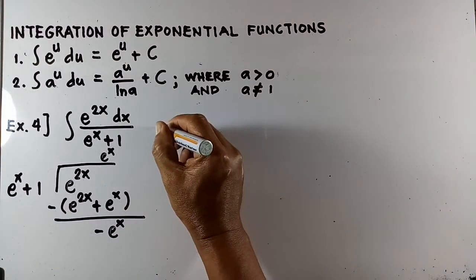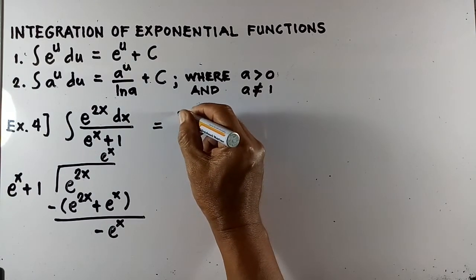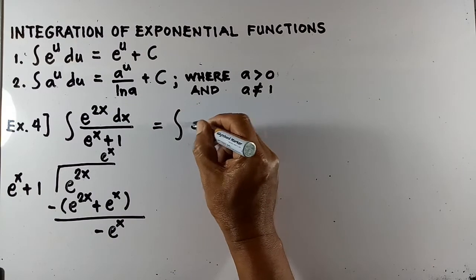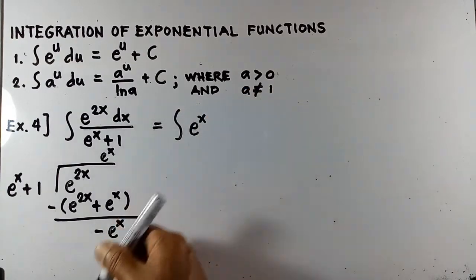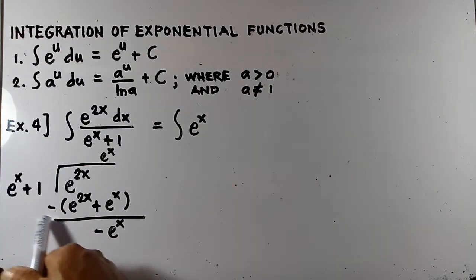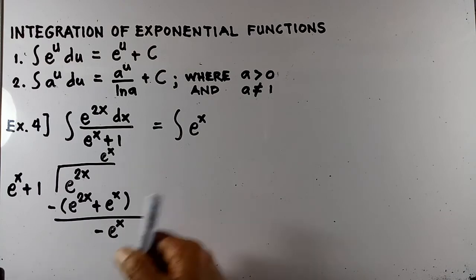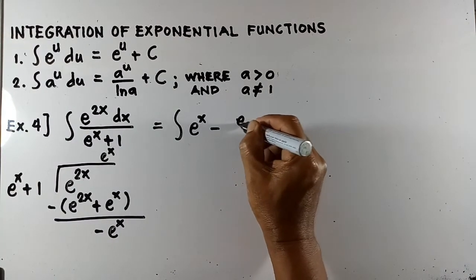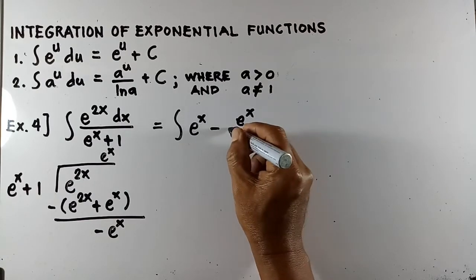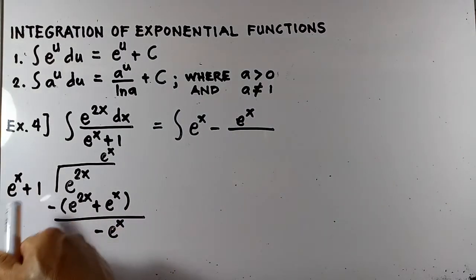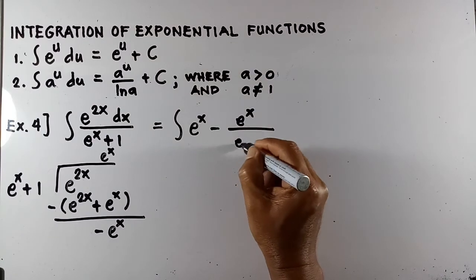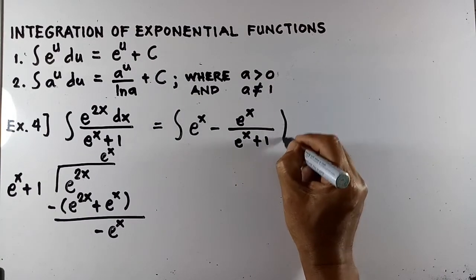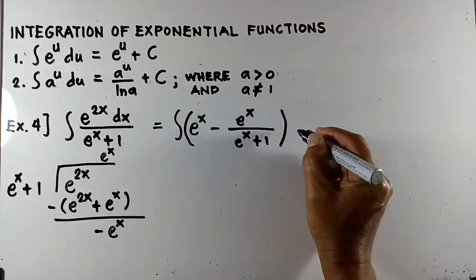So, ito ay equal ngayon sa integral of the quotient e raised to x and then plus the remainder, no? So, plus negative e raised to x divided by e raised to x plus 1. And then times dx.